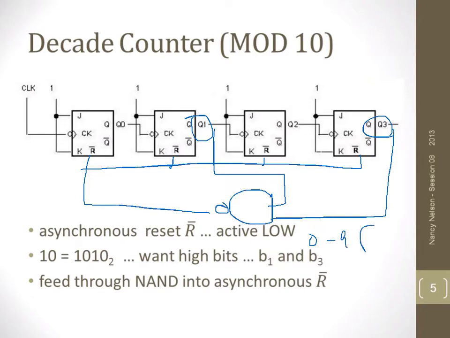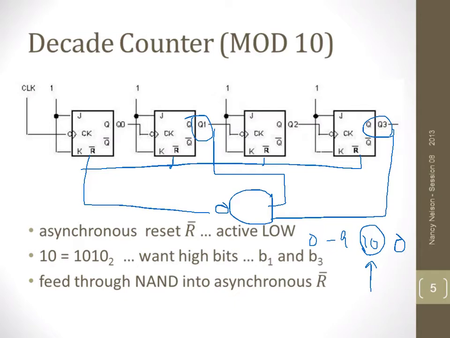Then, faster than we can see, it will go to 10, which, based on the propagation delay of this NAND gate, will immediately reset these devices back to 0. So we'll see a little bit of a blip when it gets to 10, but in terms of our output and the real world, it won't really see that 10.